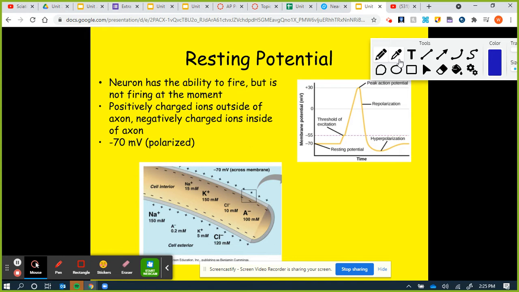It is what is called polarized, meaning it is extremely negative on the inside. Generally sits at about negative 70 millivolts. So you can see right there.